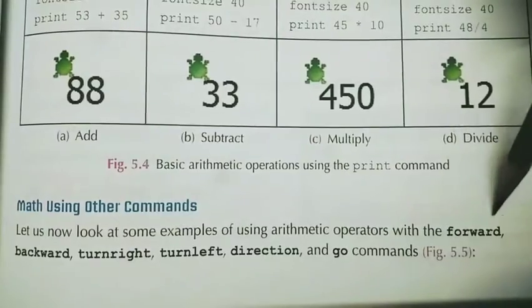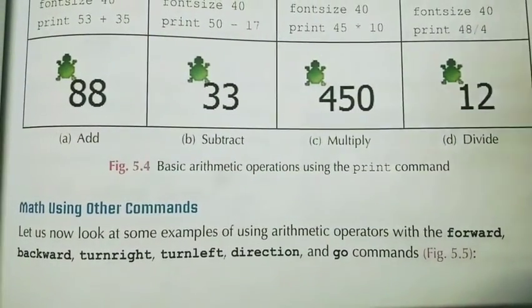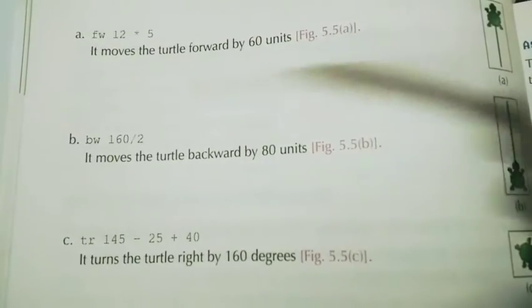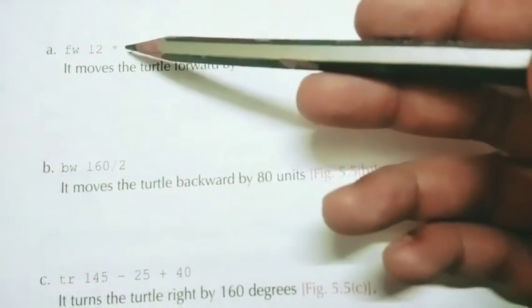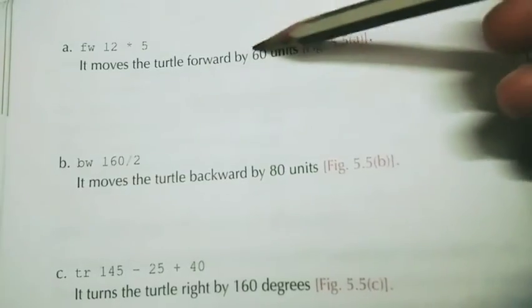Now math using other commands. We'll see other commands like forward, backward, turn right, turn left, direction and go in the next page. In the next page it is given FW, that means the forward command. Forward 12 multiply by 5. It moves the turtle forward by 60 units.